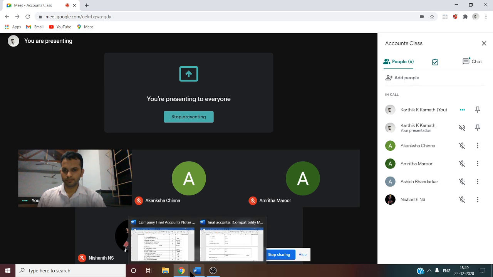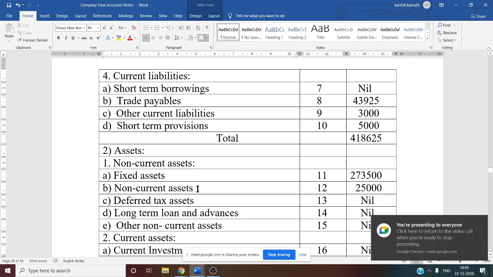Just tell me whether non-current asset is right or it should be non-current investment. See this. Here it is non-current investment.